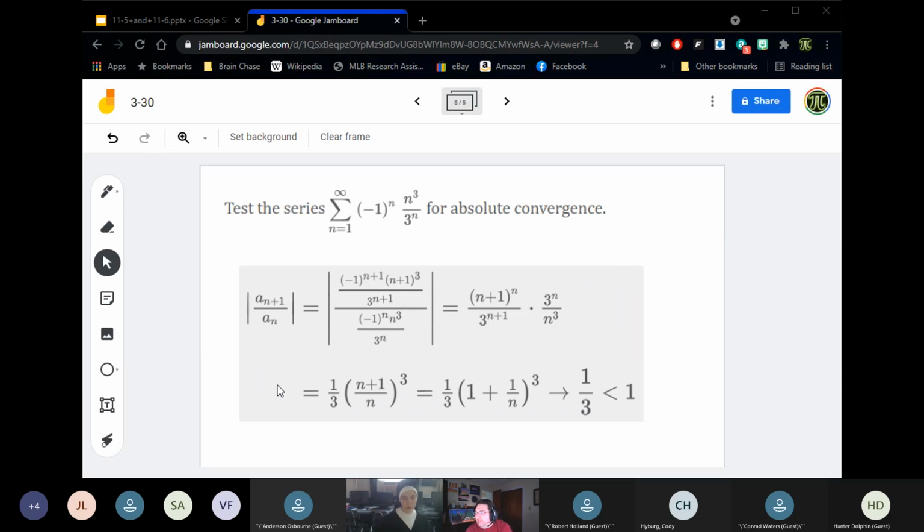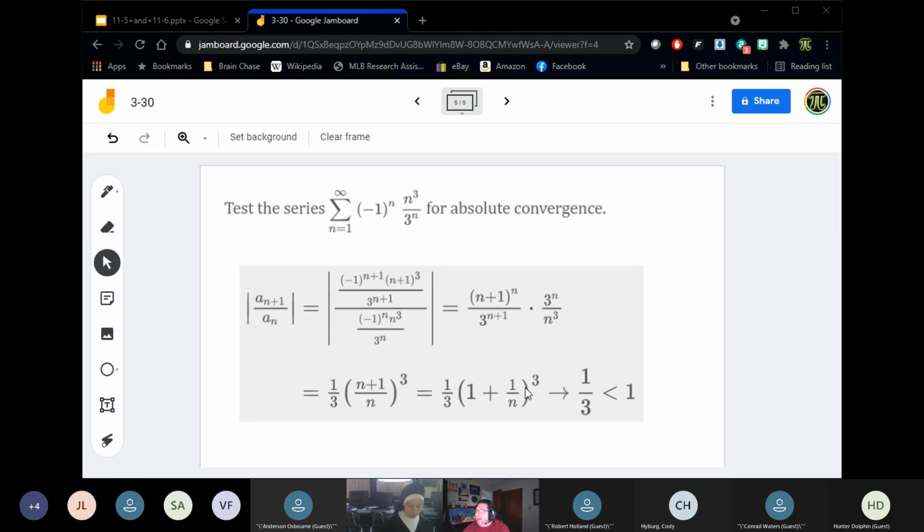So I have n plus 1. I'm replacing all the n's with n plus 1. And notice I'm keeping the negative 1 there because we're not eliminating the negative 1 in this one. However, once I take the absolute value, my negative 1s are going to disappear anyway.